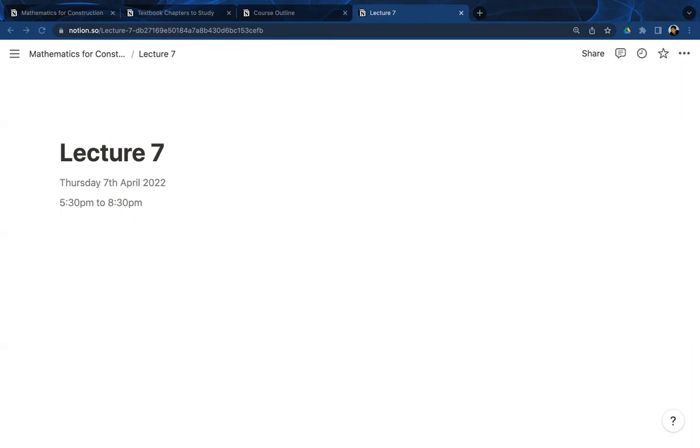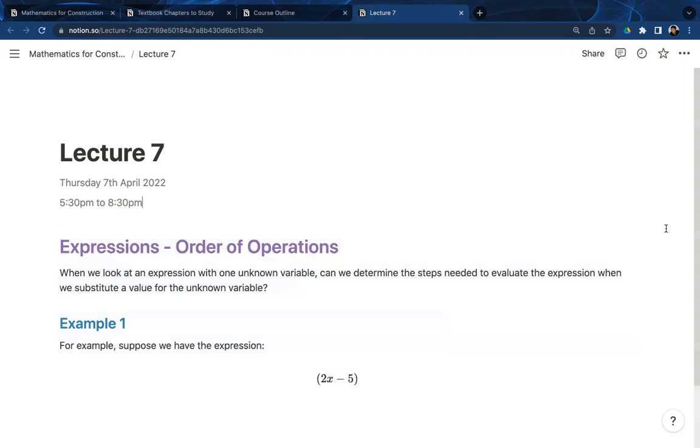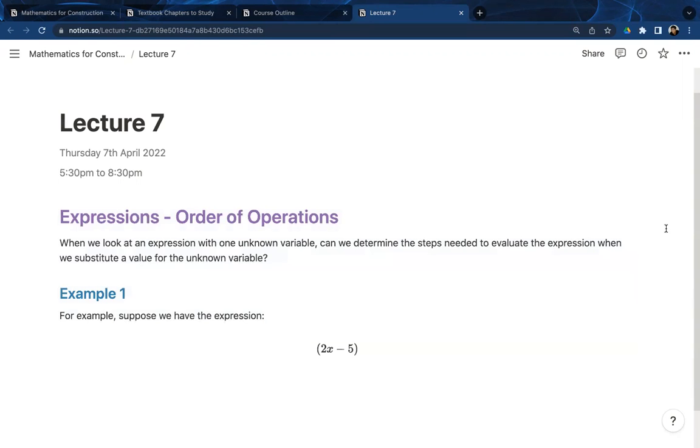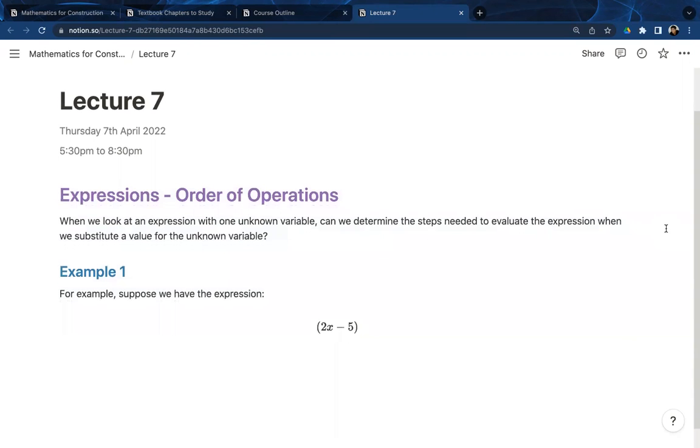First, expressions. We want to talk about order of operations. When we look at an expression with one unknown variable, can we determine the steps needed to evaluate the expression when we substitute a value for the unknown variable?